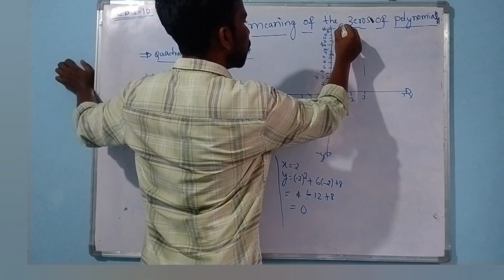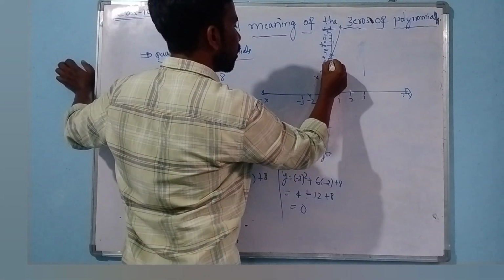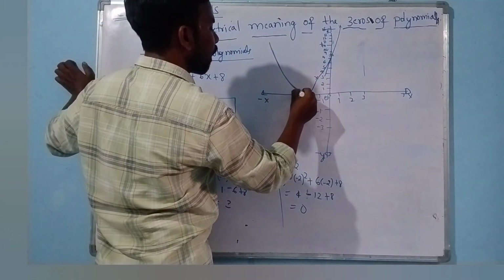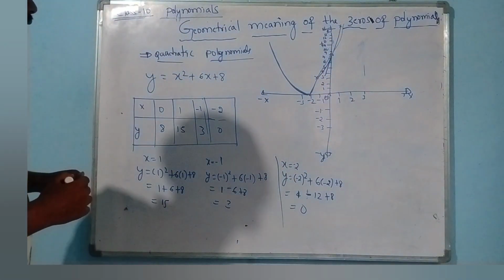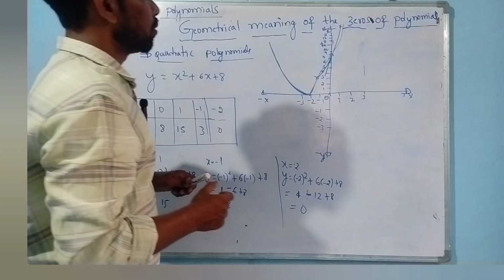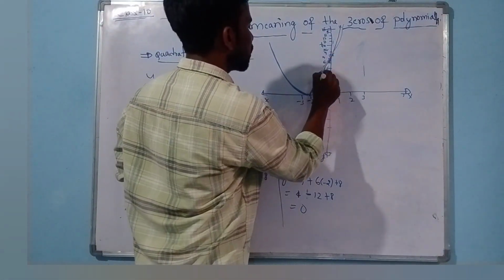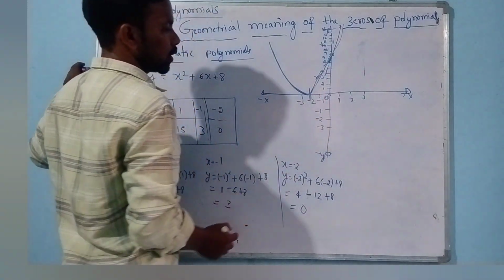So if you draw the most number of points, it will come like this. This is the graph we got. See, the number of zeros here is what?